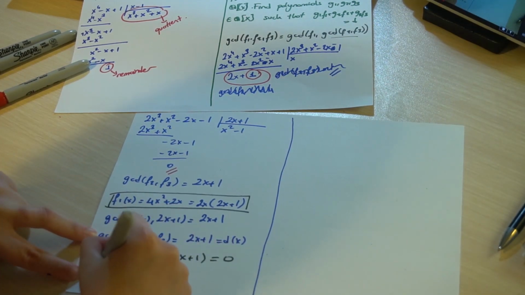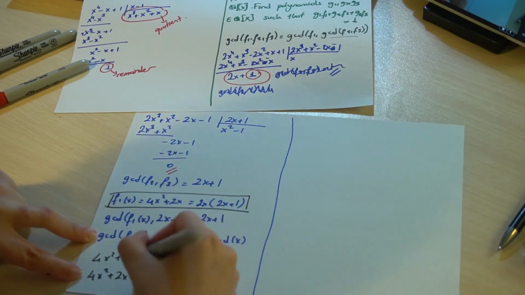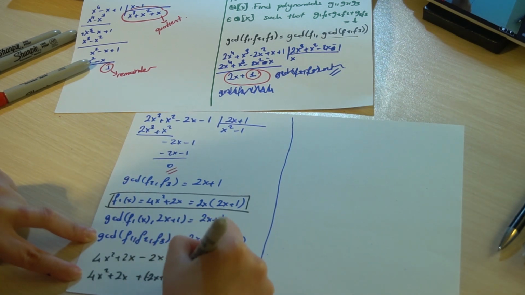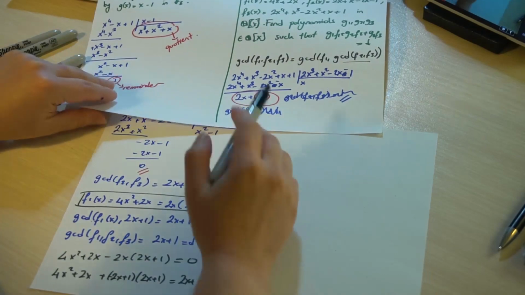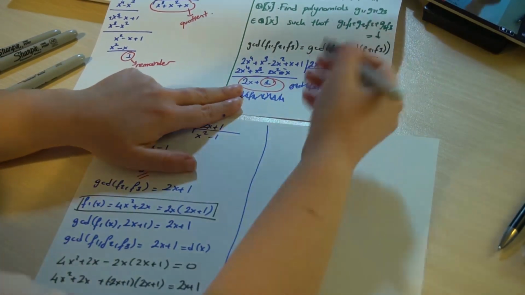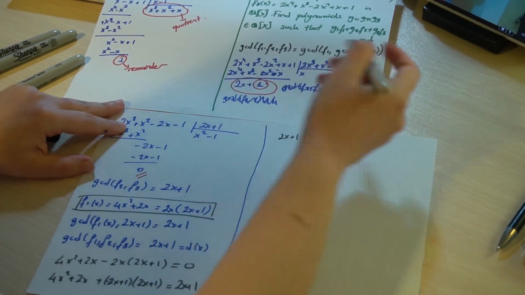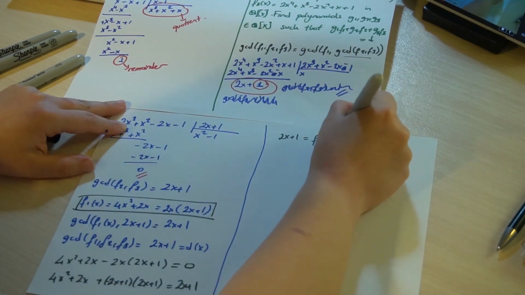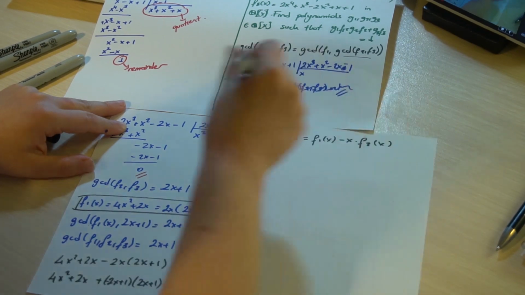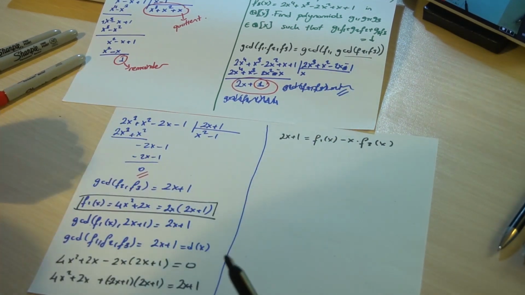So we can write 4x squared plus 2x minus, I can add 2x plus 1 here, plus minus 2x plus 1, equal to 2x plus 1. And from here, we know that 2x plus 1 was equal to f1(x) minus x times f2(x), from this division.